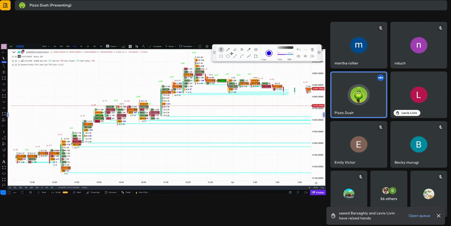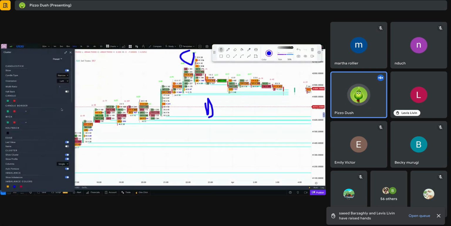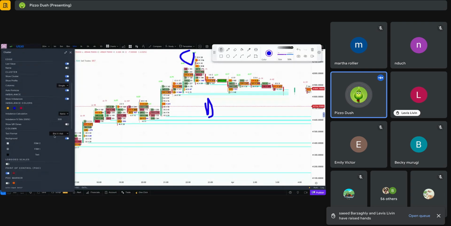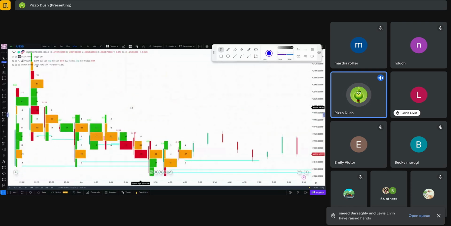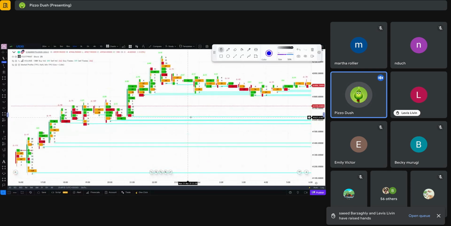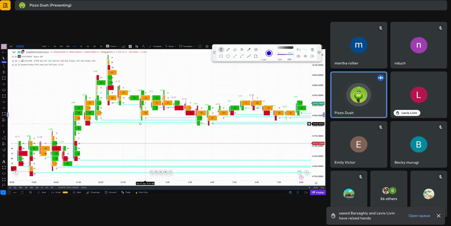So you just check volume. You can just look at delta, or use the delta footprint instead, because it tells you directly who is many. Instead of bid and ask, you can just show delta. If negatives are many, sellers are many. If positives are many, buyers are many. I hope you get me.